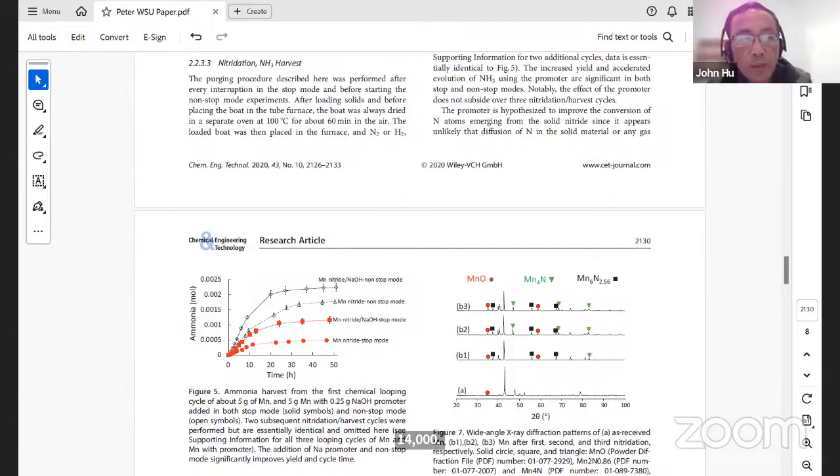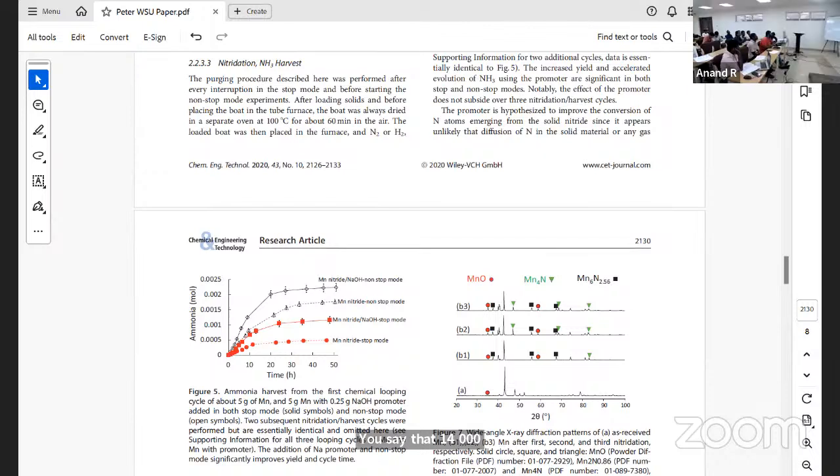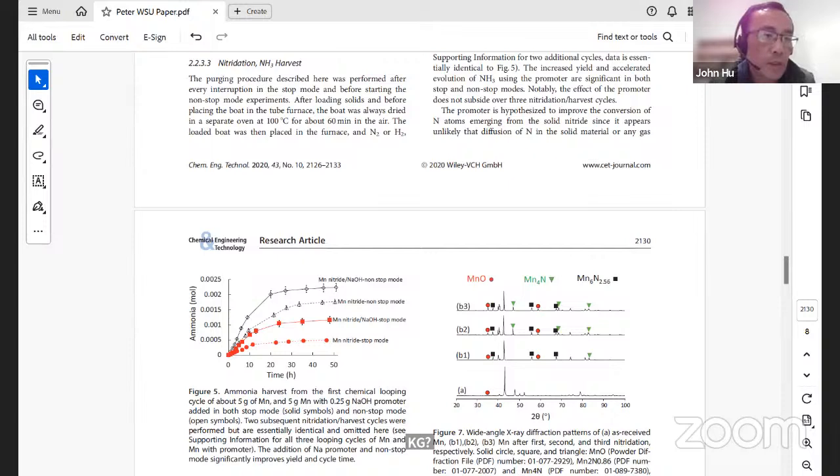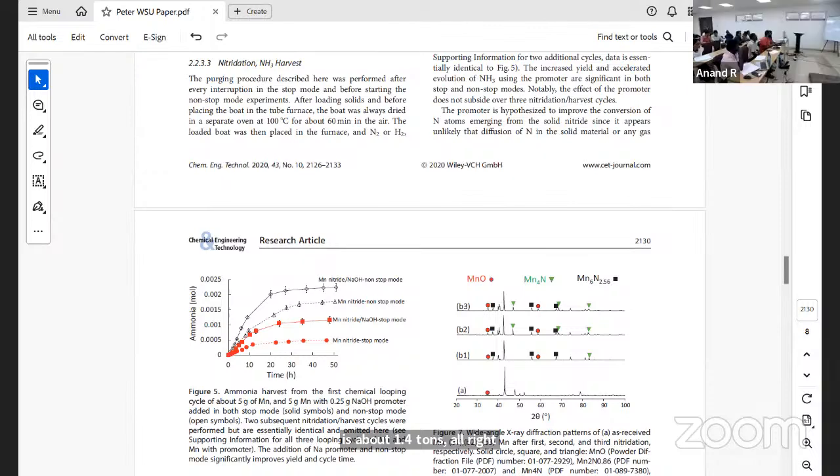Let's round it up. You said 14,000 kg. Yes, sir. Okay, very good. 14,000 kg is about 1.4 tons? No, it's 14 tons. All right, 14,000 kg, about 14 tons.